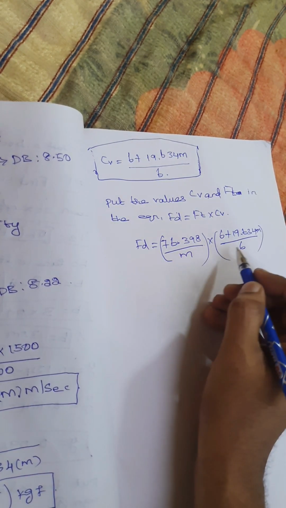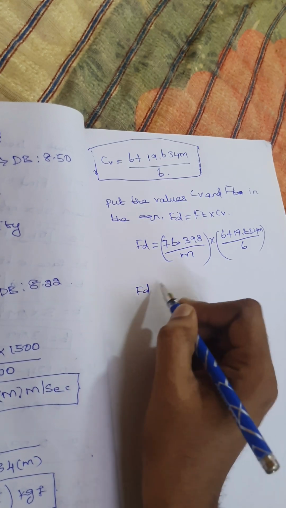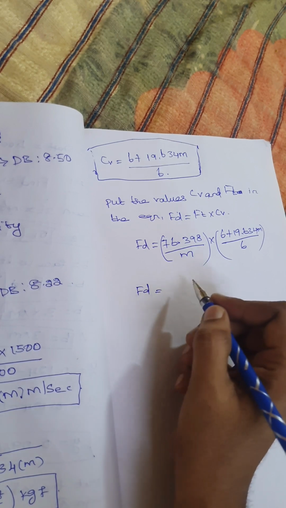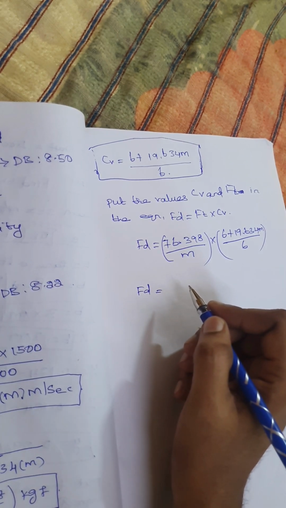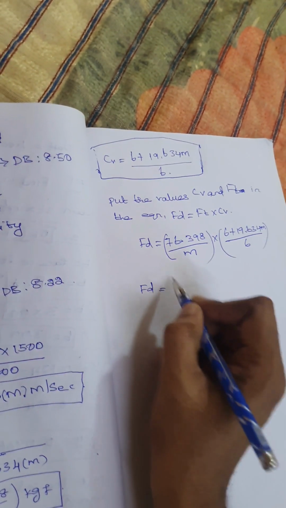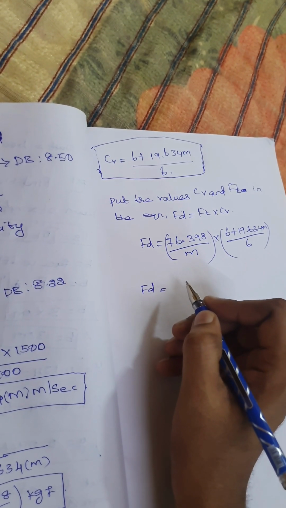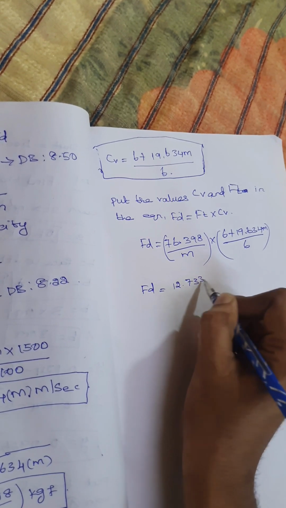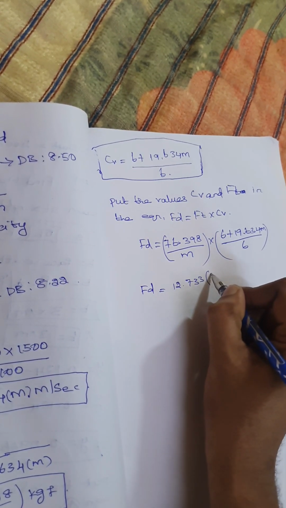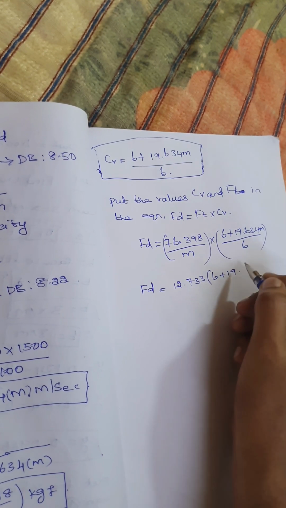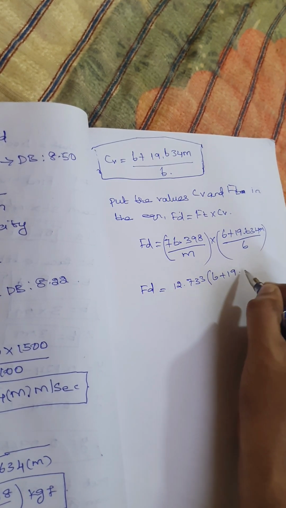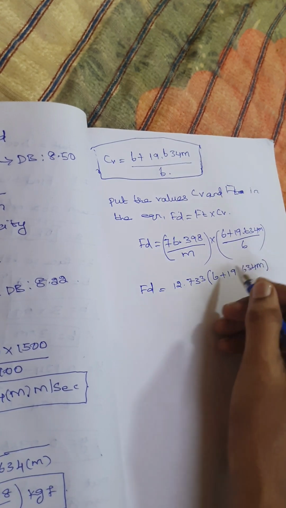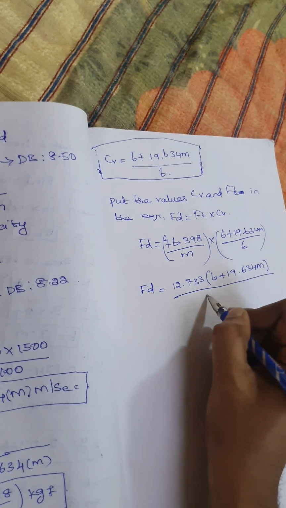So by calculating these values, we can find F of D is equal to 12.733 into 6 plus 19.634 m, divided by m.